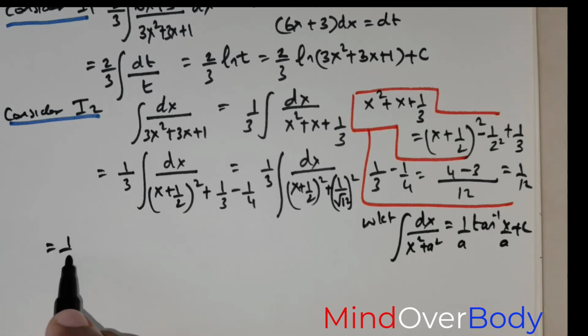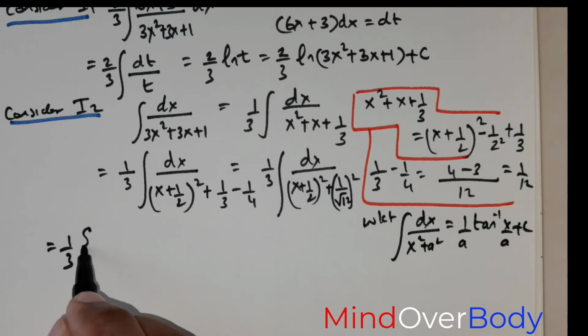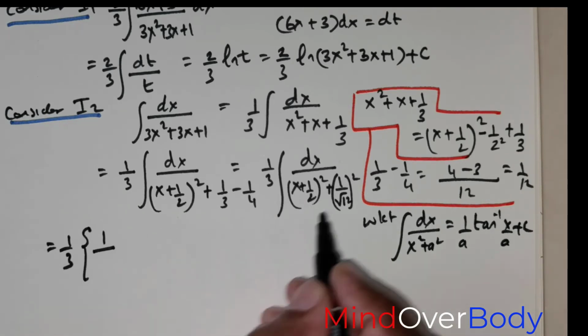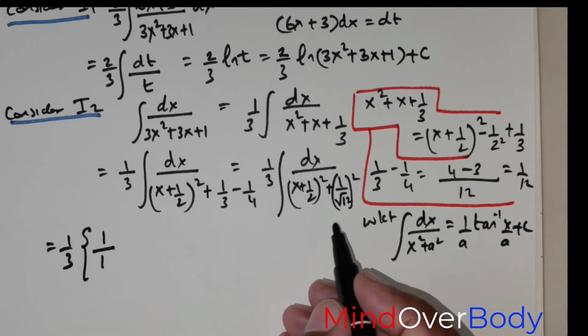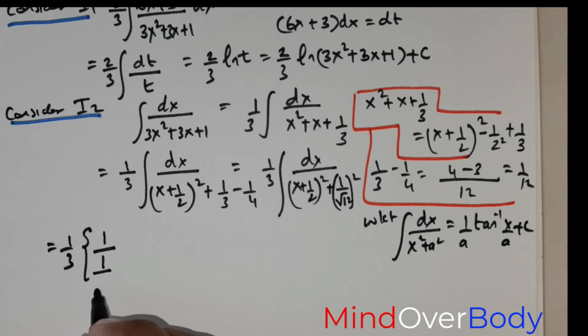So this is equal to 1 over 3. If I were to use this, 1 over a is going to be 1 over root 12, so I need to place that value.